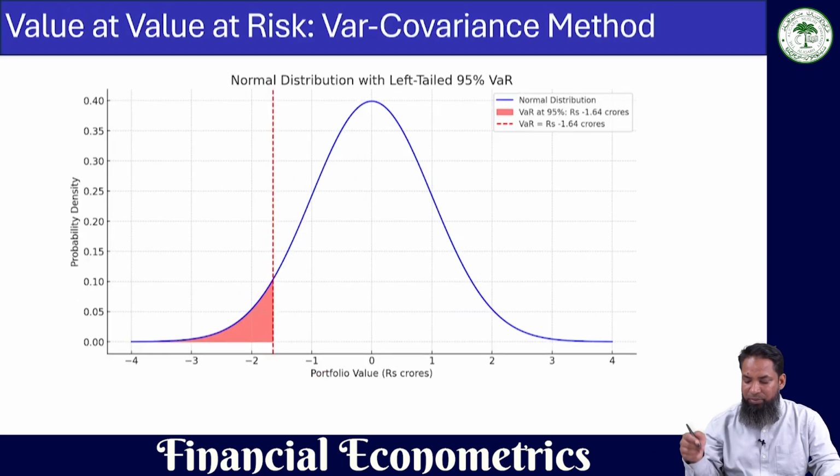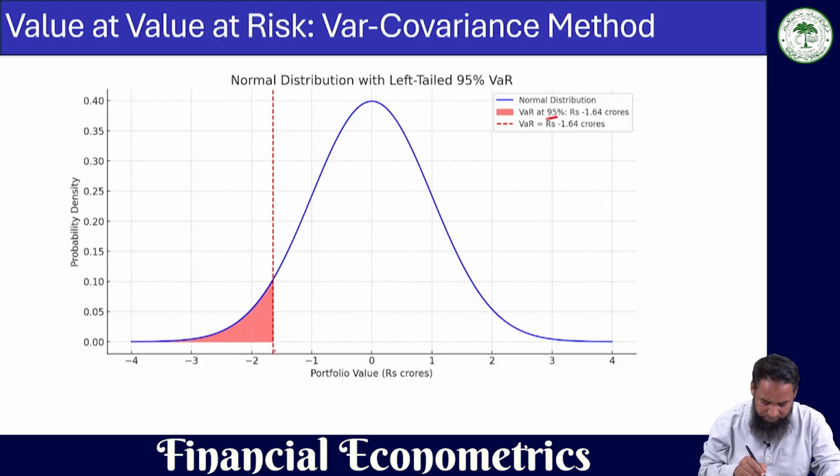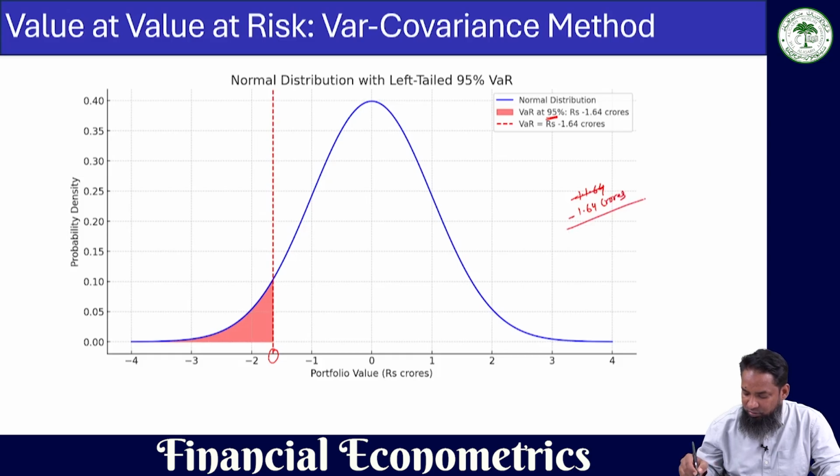Now, let us say we have 100 crore. In that case, at the 95 percentage, we know that for 1 crore we have a loss of 1.65 crores. So, that is the loss we have.